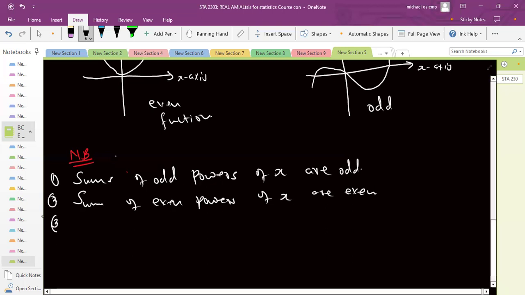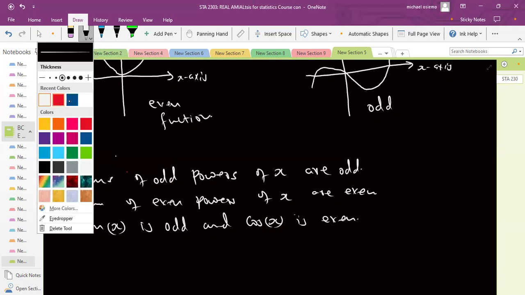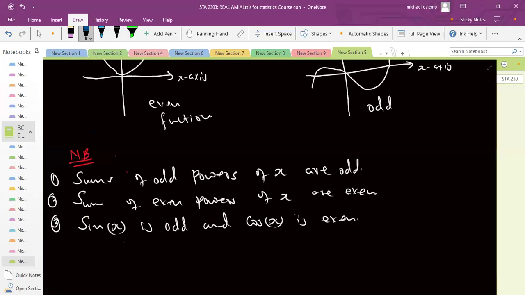Number 3, we also have sin x is odd. The function sin x is odd, and cos x is even. Maybe you have already proved this, because, for example, you can check whether it is true that sin x is odd.